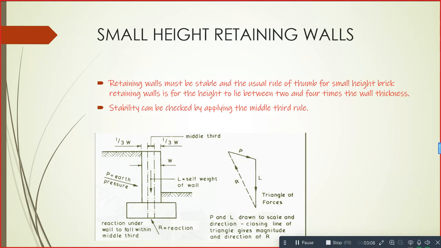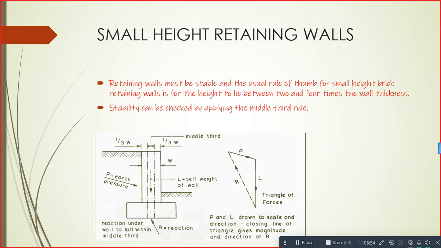Retaining walls must be stepped, and the rule of thumb for quick retaining is for height to lie between 2 and 4 times the wall thickness. Stability is checked by applying the middle third rule. Down there we have a diagram illustration.